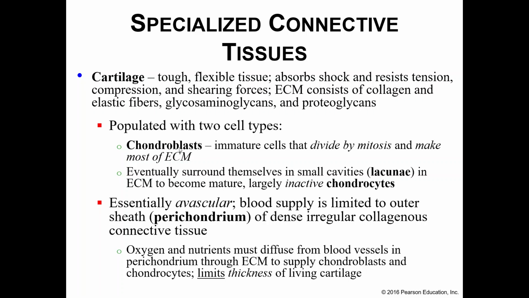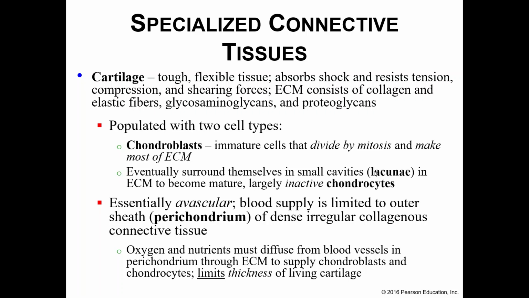The chondroblasts are immature cells that do a lot of mitosis. And you find a lot of these in your extracellular matrix. Eventually, the chondroblasts, instead of immature cells, they kind of grow up, and they mature, and they basically build themselves little houses. They call them lacunae or lacunae, however you prefer to pronounce that term.